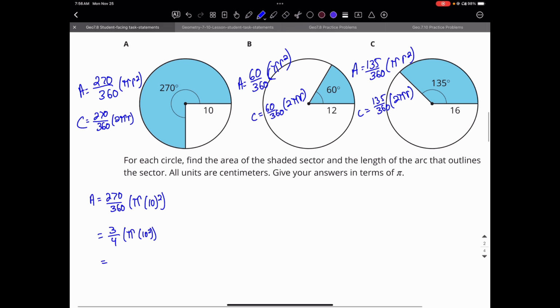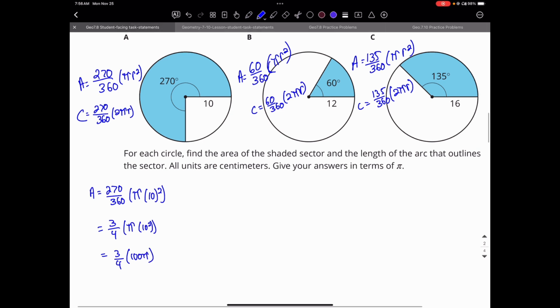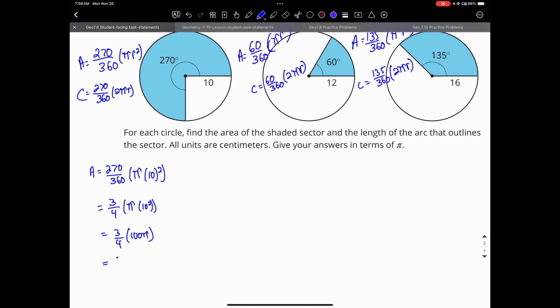Well, 10 squared is just going to be 100. So this would be 3/4 times 100 pi. So then that would be 300 pi over 4, which simplifies to 75 pi. So the area of that sector, the first one, would be 75 pi.